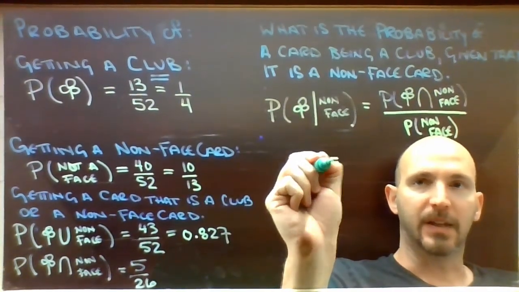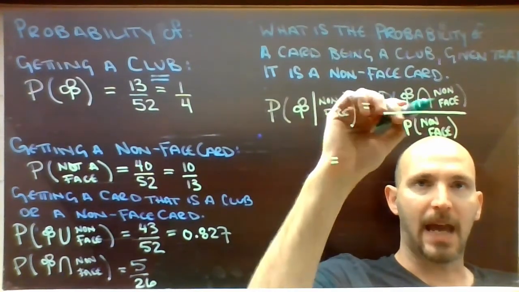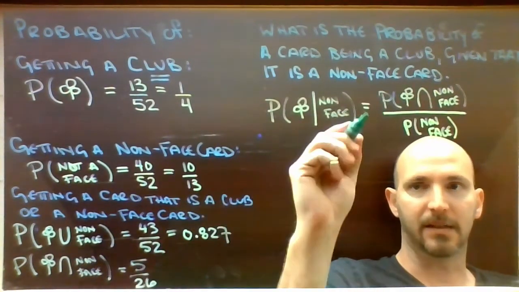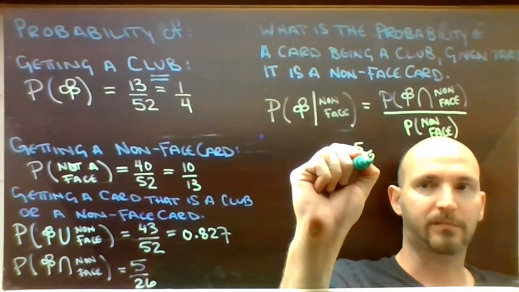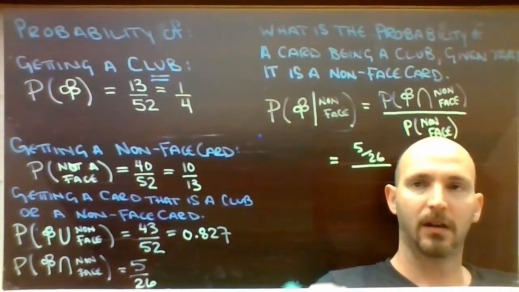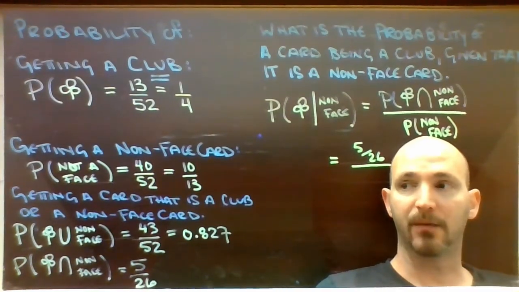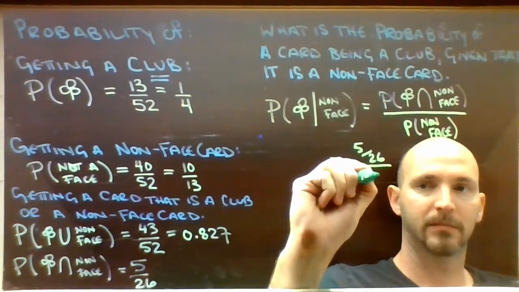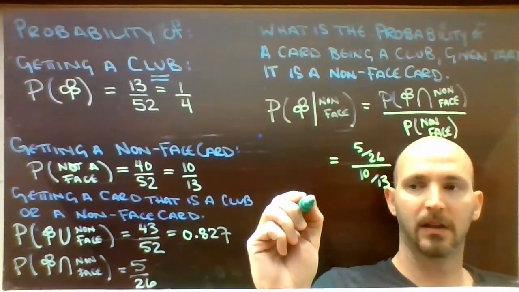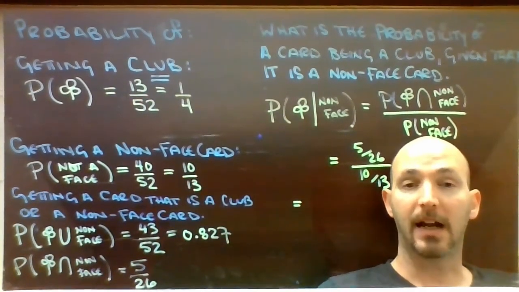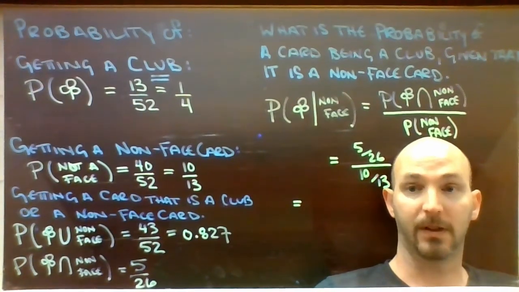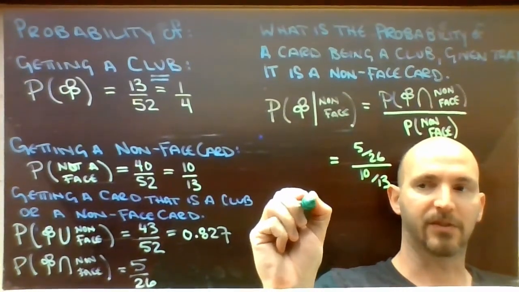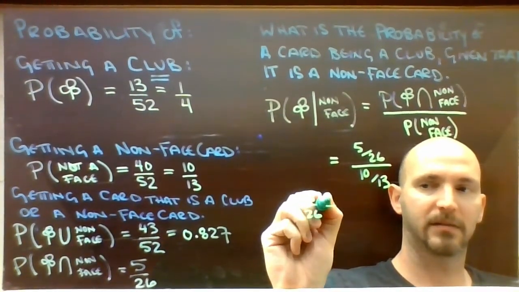So if I were to do this, the probability of it being a club and a non-face, we already worked that out. That was over here, 5 out of 26. And the probability of it being a non-face card was 10 out of 13. Alright, now, you're going to have to get your fraction skills in order to work something like this out. I have a fraction divided by a fraction, so I'm going to write it this way.